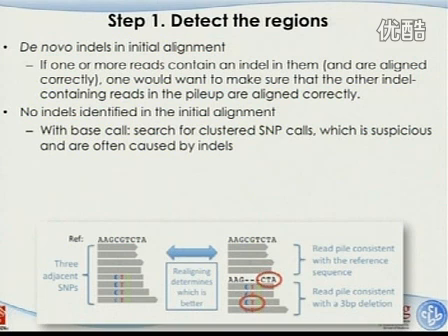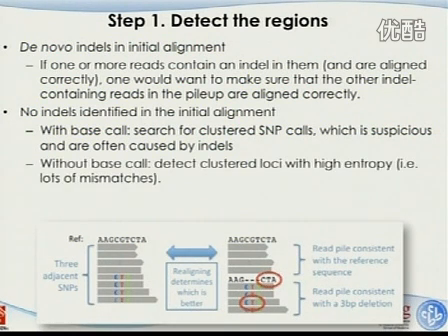If no indels are identified in the initial alignment, but we already did a base call, so we know how many A, C, G, T there are, we want to search for clusters of SNP calls. If two or three SNPs are very close to each other, that is probably a region you want to consider realigning.